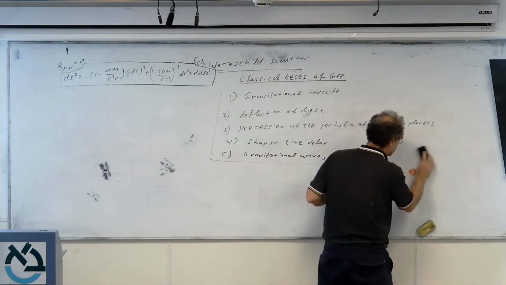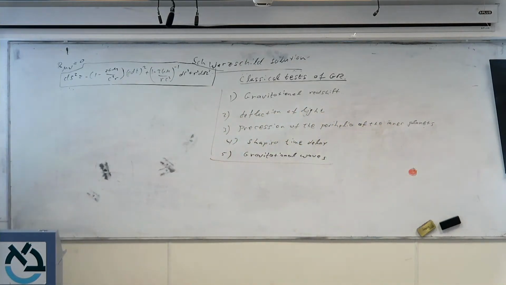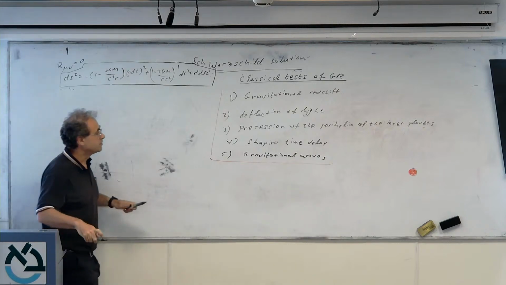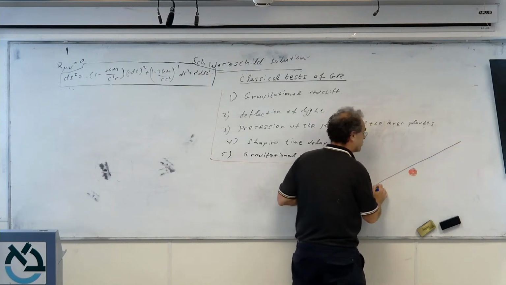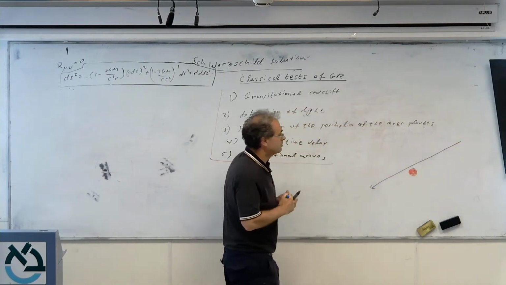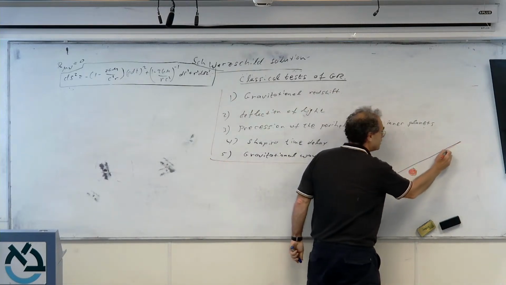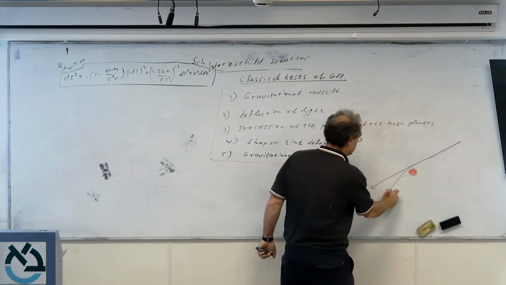So this is the source of gravitational potential, and we have a light ray. In Newtonian physics, this light ray just moves on. Right? In GR, the light ray is deflected by the gravitational potential.